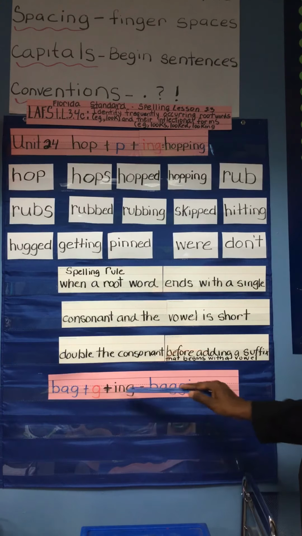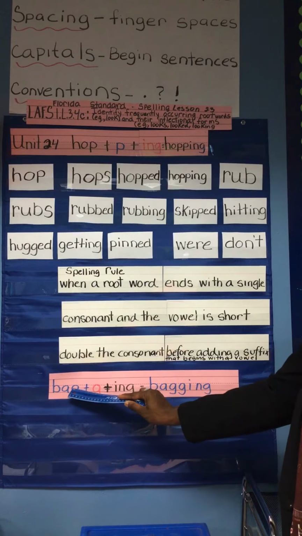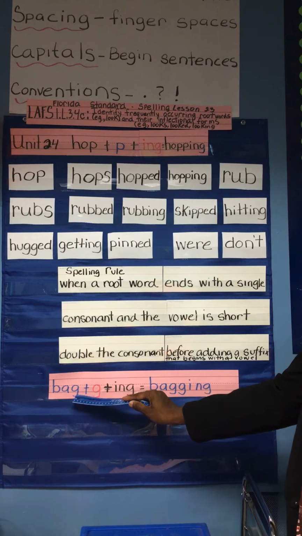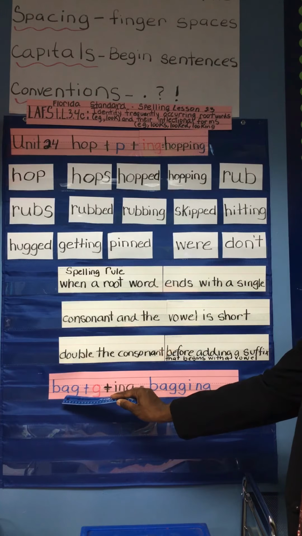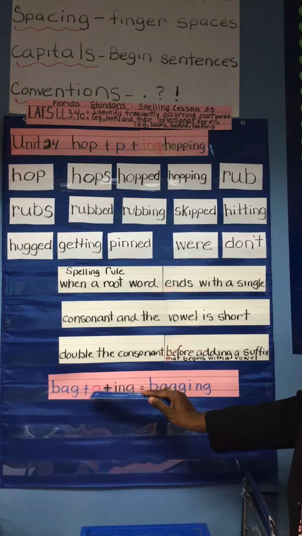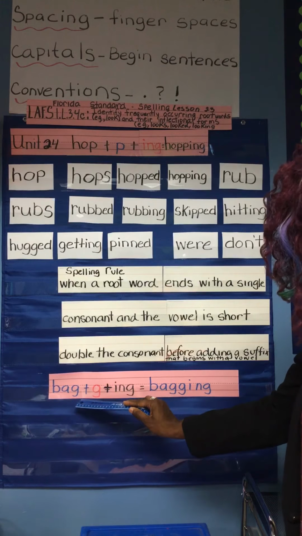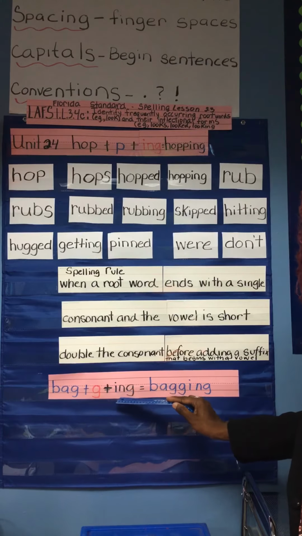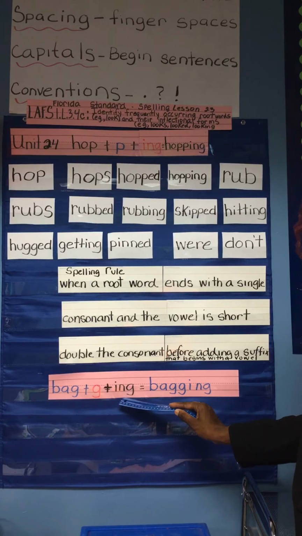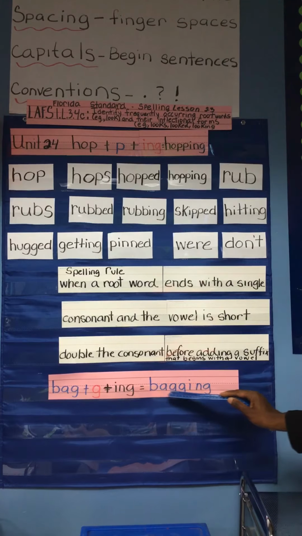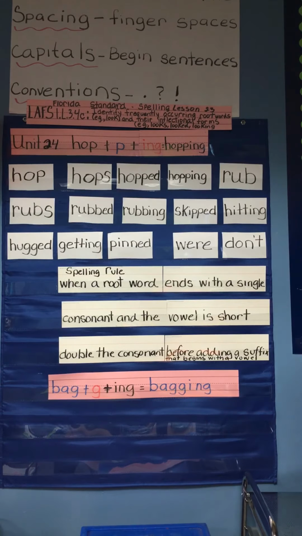Okay, and then so bag, this is the root word. You identify the root word, the single consonant, the short vowel sound, plus g, because we doubled the final consonant, and we added our suffix ing. And when we put it together, when we encode our word, the sounds that we hear, bagging.